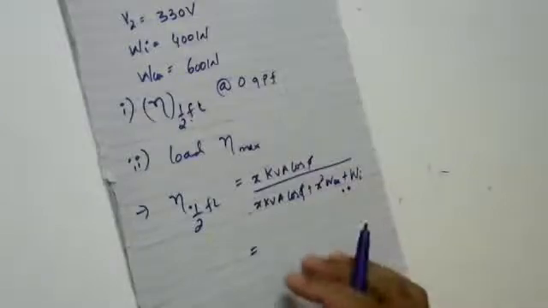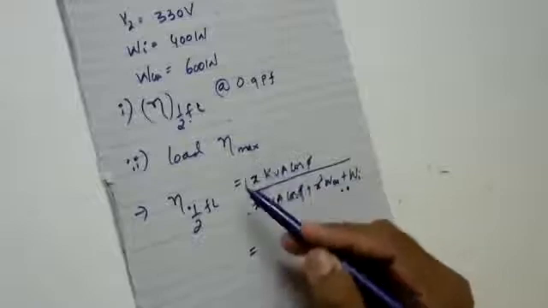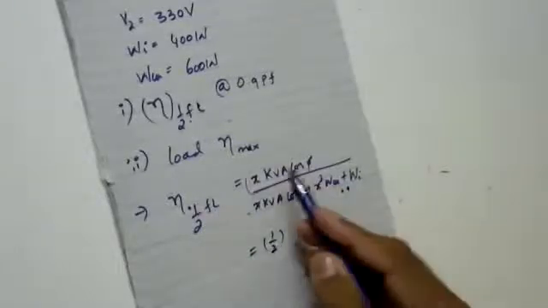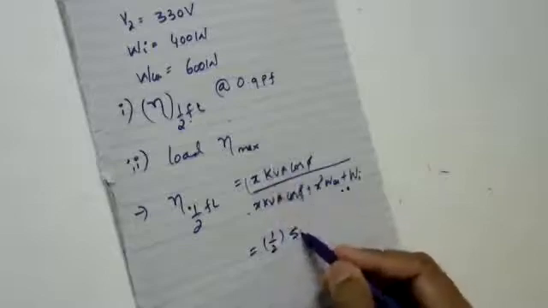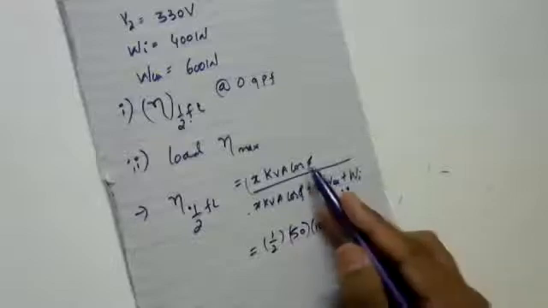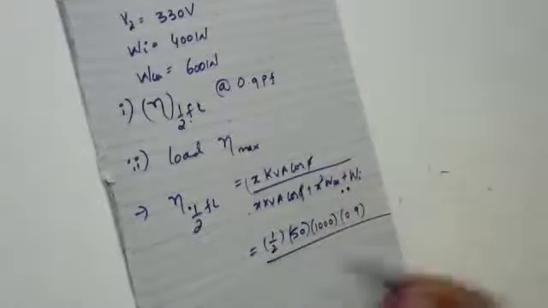What's the value of x? X stands for the load factor. So it is half of the full load, so x will be equal to 1 by 2. kVA is 50, k is nothing but 1000. Cos phi is 0.9.